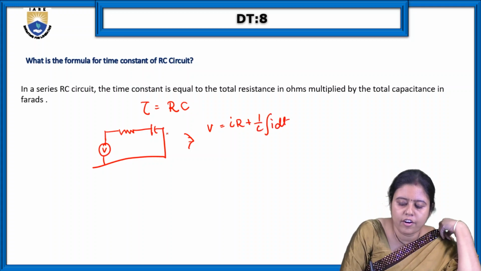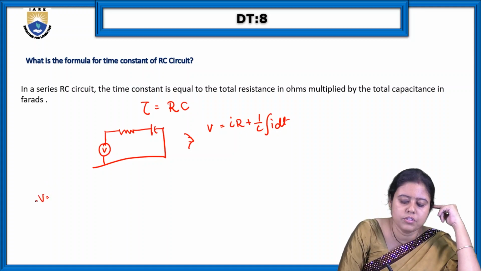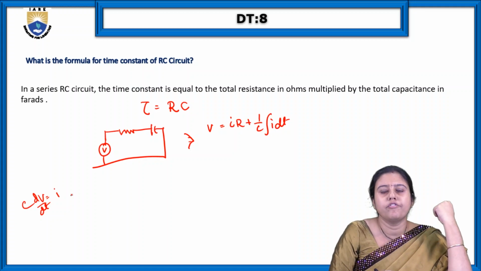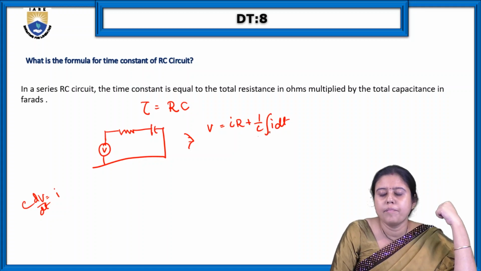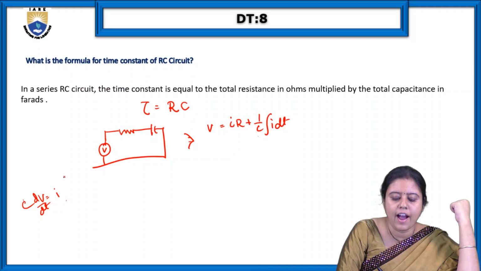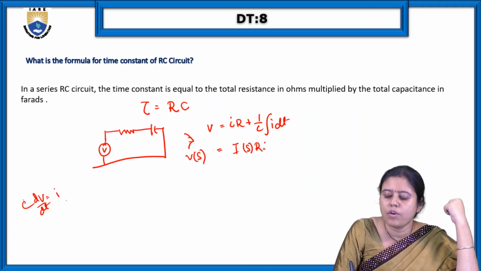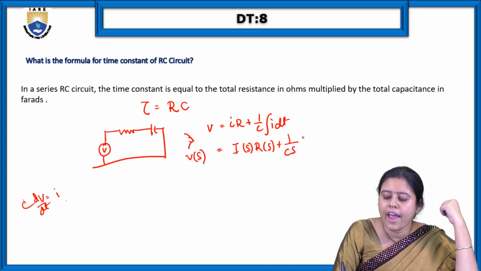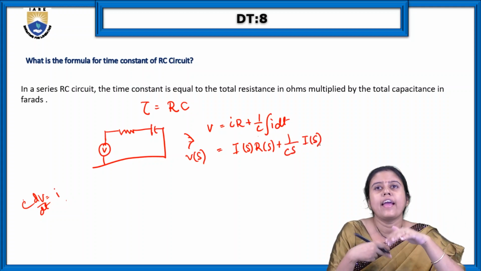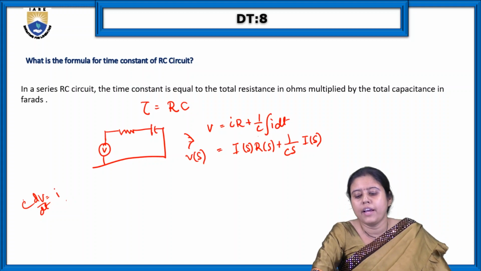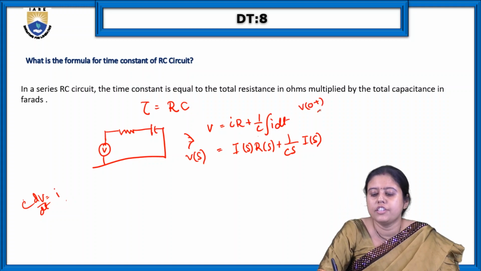Because the voltage across the capacitor is equal to 1 by C integral of I dt, since C dV by dt is equal to I. If we take the Laplace on both sides, Is into Rs, and the integration becomes 1 by Cs into Is. Remember, we are assuming the initial condition is equal to 0.